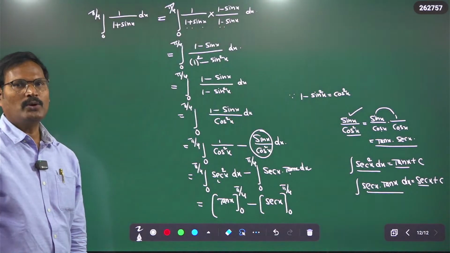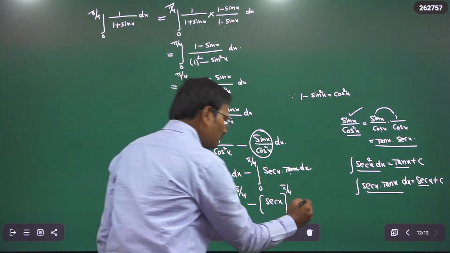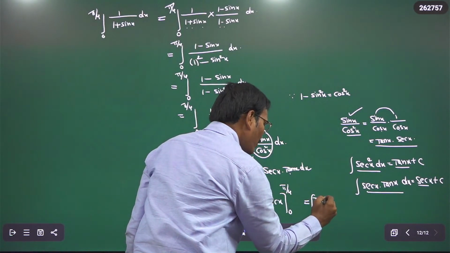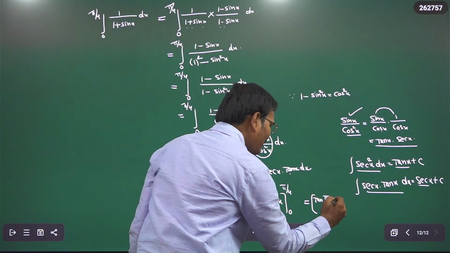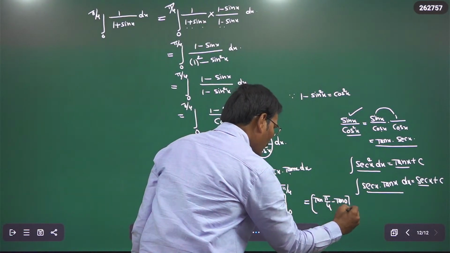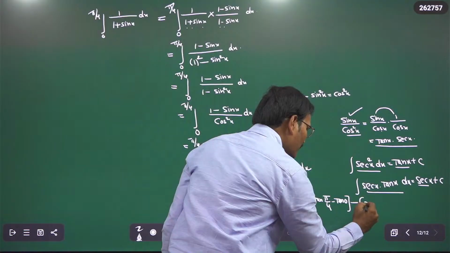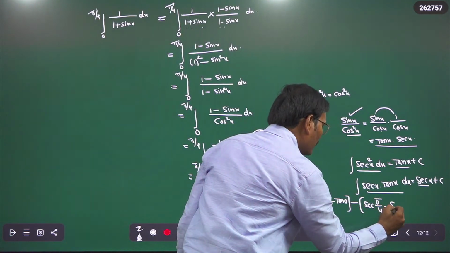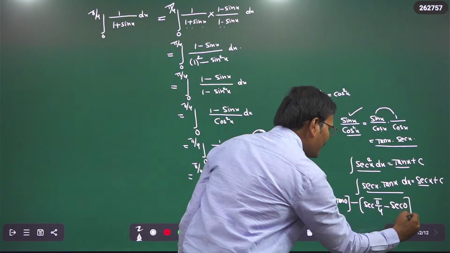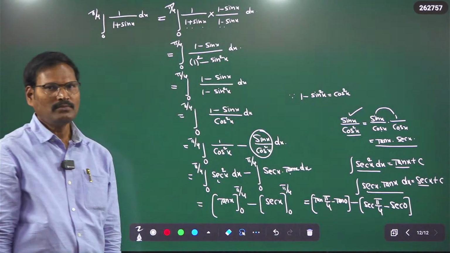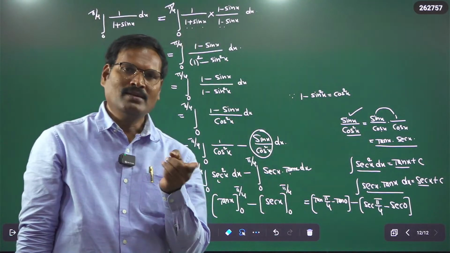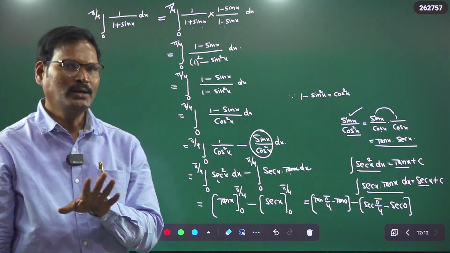Now substitute limits. Tan pi by 4 minus tan 0, minus secant pi by 4 minus secant 0. From the tan table, tan 45 degrees means 1. Secant 45 means root 2.